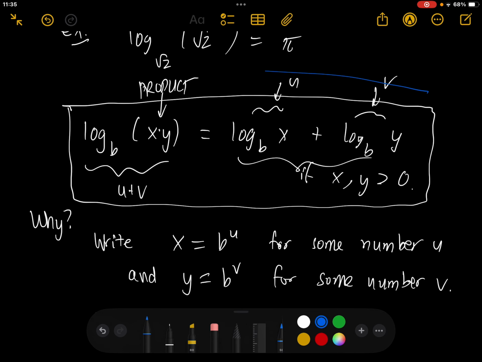And this product to sum property of logs, that log of xy is equal to log x plus log y, no matter what your base is. So those are the important properties of logarithms to know, and most of the algebra that involves logarithms really just boils down to applying these properties.